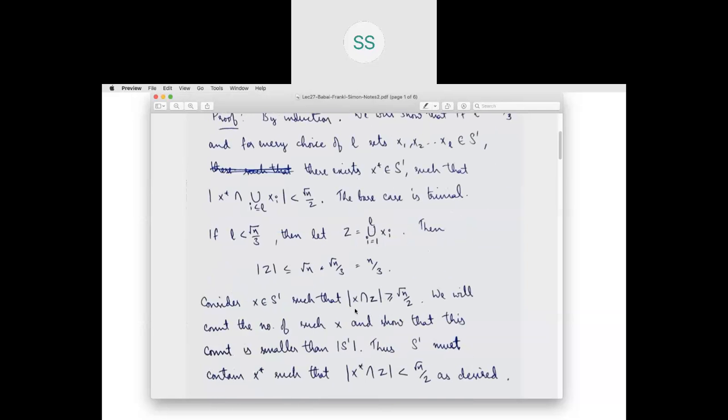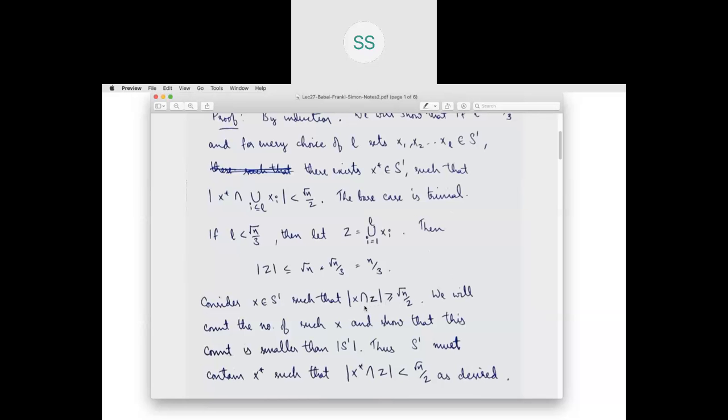So what we will do is we'll count the number of such x, and we'll show that this count is strictly less than the size of S prime. So we'll count the number of such x that intersect in at least square root n by 2 elements within z, and these are not the kind of x that we want. We want the opposite kind of x.